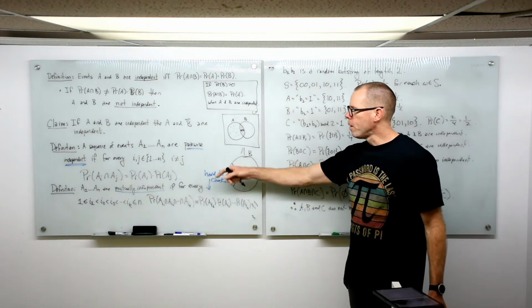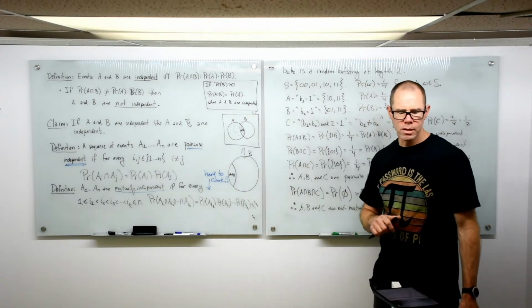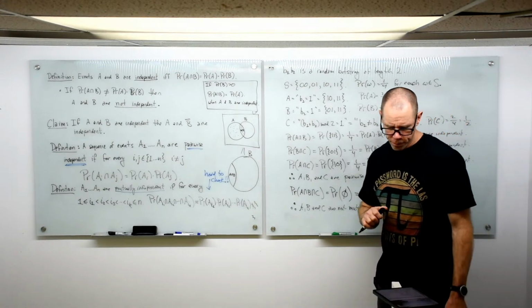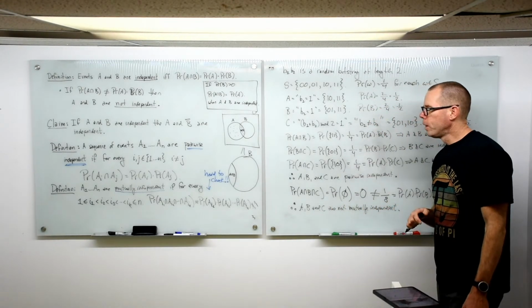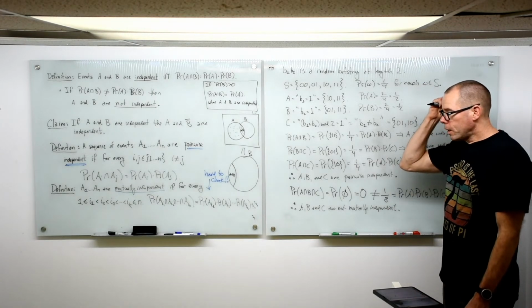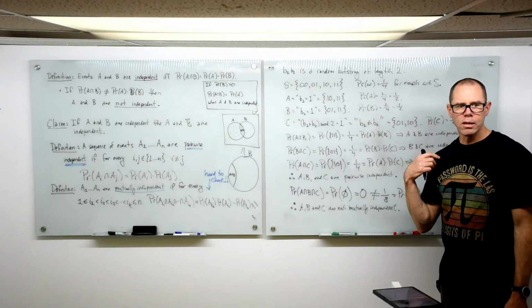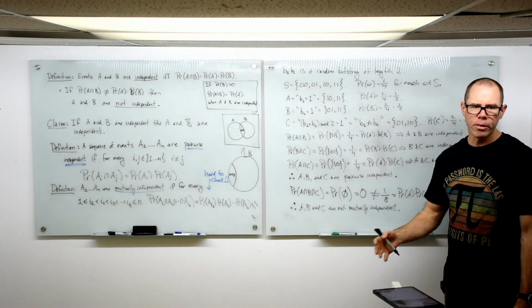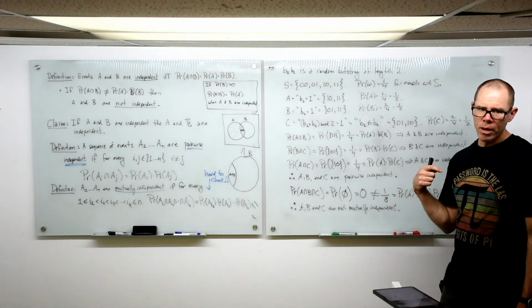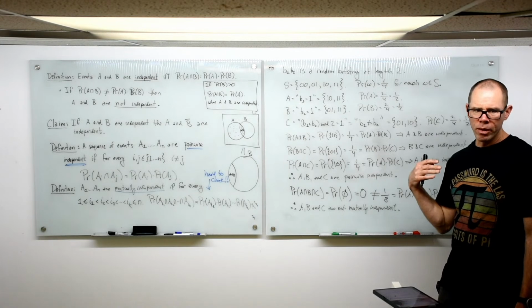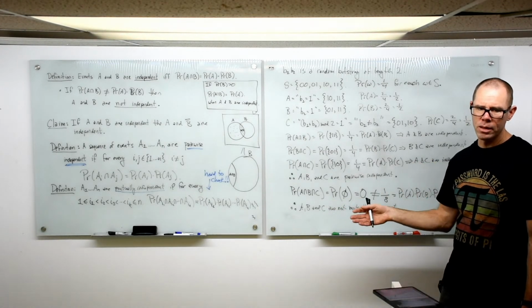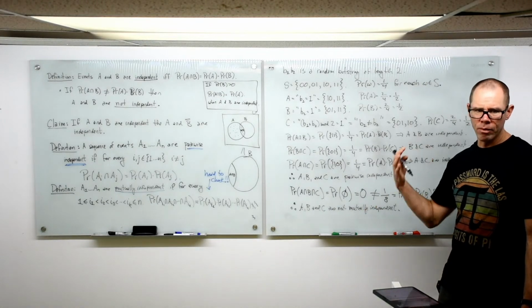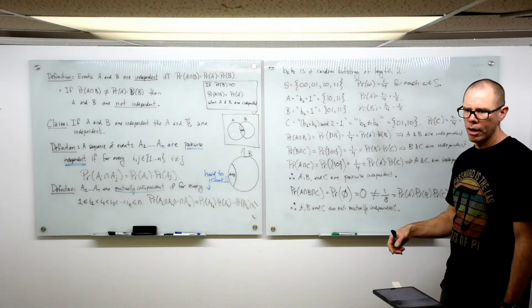Pairwise independence, sometimes you'll have to explicitly check this definition. What does mutually independent tell us? Well, it tells us that no matter what subset of the events I am informed about, it doesn't give me any information about whether or not the other events, the events that I was not informed about, happened.